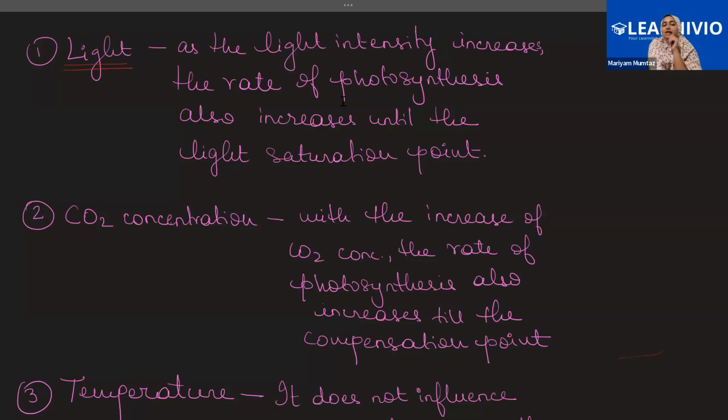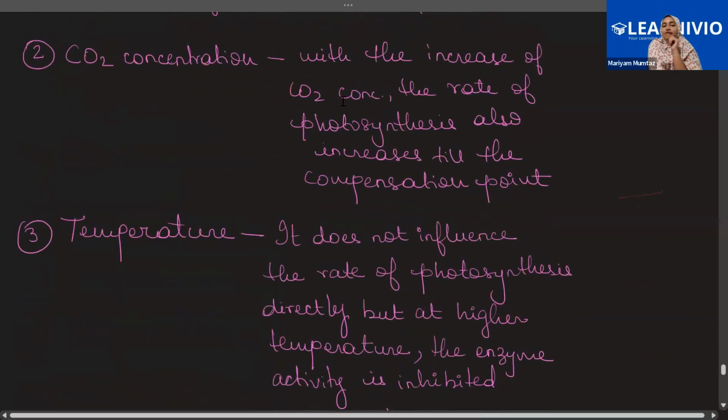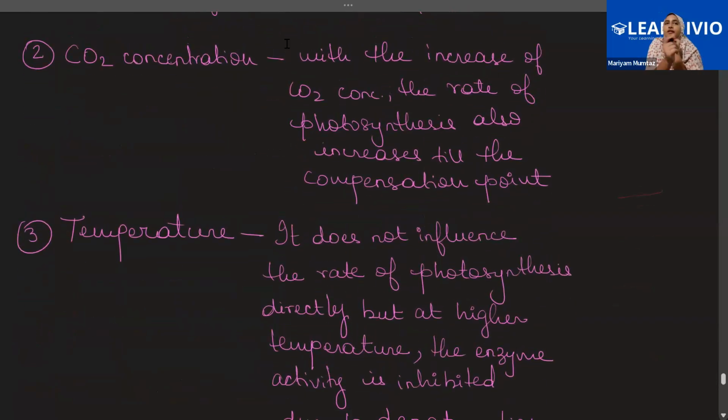Now let us see how carbon dioxide affects the rate of photosynthesis. When we increase the concentration of carbon dioxide in the atmosphere, the rate of photosynthesis, just like light, will also increase till the compensation point. Again, there is a saturation point for CO2 also, meaning the plant will not require more CO2 than what it has already taken in.